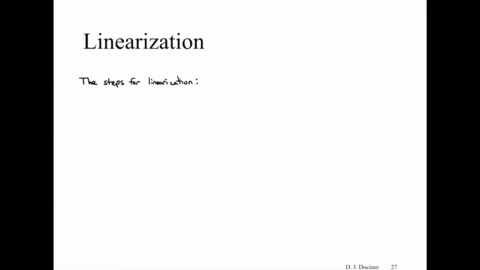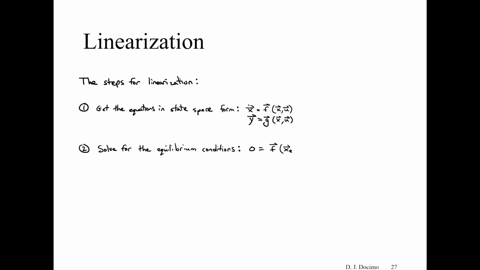So what are the steps for linearization? This ties into equilibrium as well. The first thing we're going to do is get our equations in state space form. X vector dot is equal to f vector, which is dependent on x and u. Y vector is equal to g vector, which is dependent on x and u as well. That's our outputs. Then we're going to solve for our equilibrium conditions.